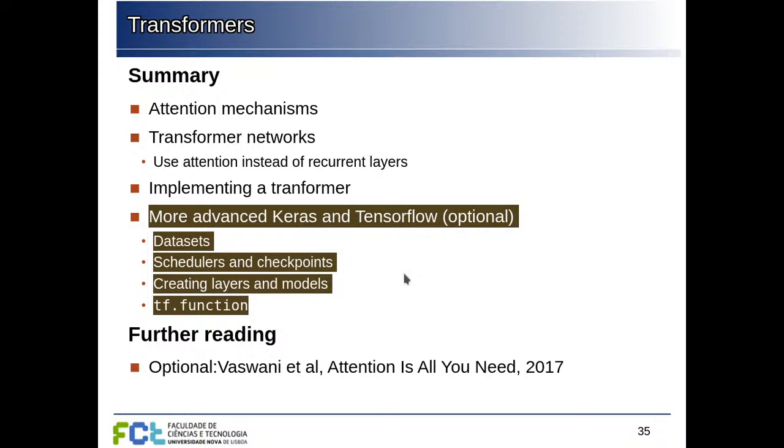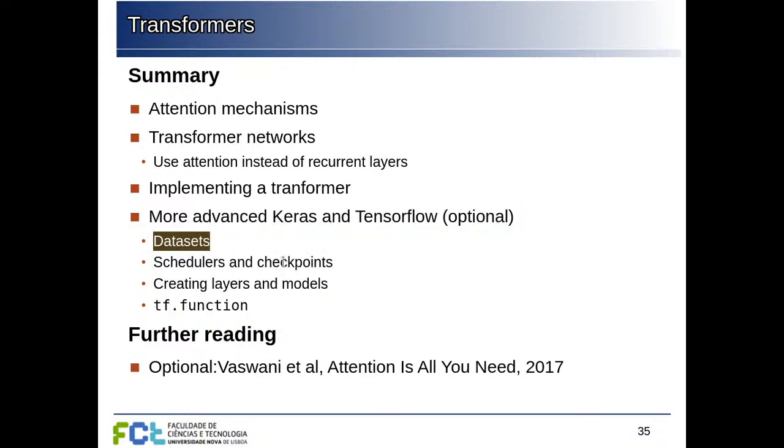You do not need to learn this for grading in this course, but if you want to go forward in deep learning and experiment with more complex things, it's a good idea to take a look at these different options because they can save you a lot of time: using dataset classes, schedulers, checkpoints, creating layers for more complex models, and computing the graph for execution, which can help a lot with performance.